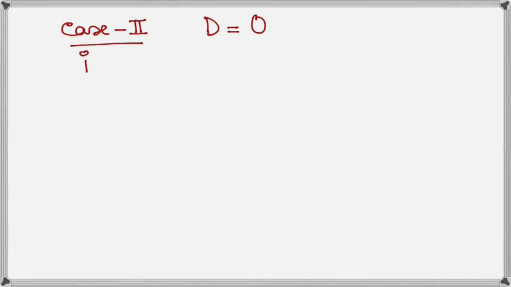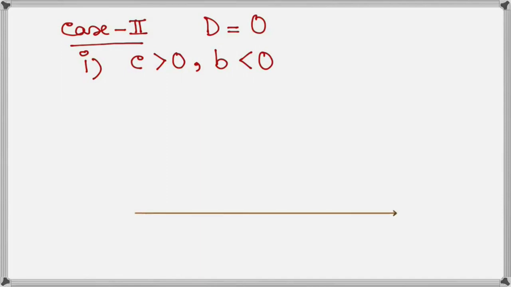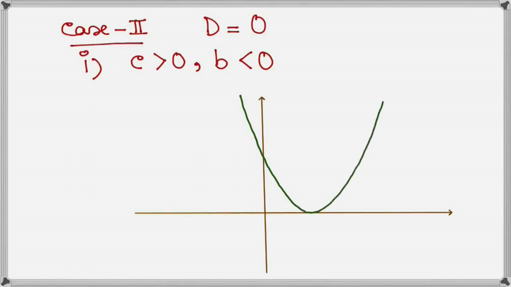Here we take our first subcase to be c strictly bigger than 0 and b strictly less than 0. So here is the x-axis, here is the y-axis, and the parabola is like this. So this is the y-intercept 0, c, this is the vertex P, and alpha and beta are here.